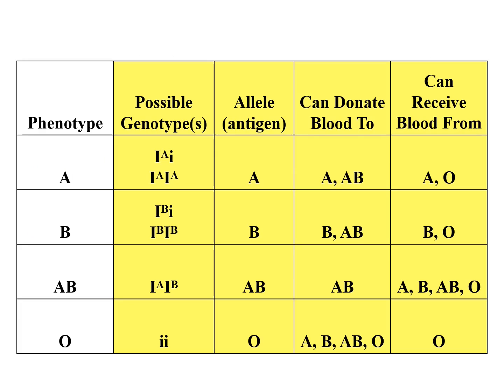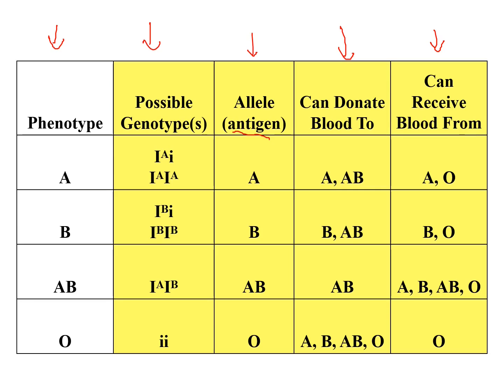Okay, and with this table, I just want to summarize the phenotypes. Remember, you have four phenotypes. Here are the four genotypes. Here the allele, the antigen. And here is something important: if you know your blood type, you should know which ones you can donate to and which ones you can receive blood from.